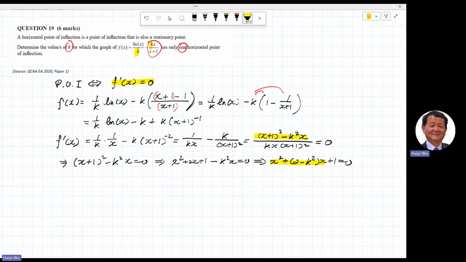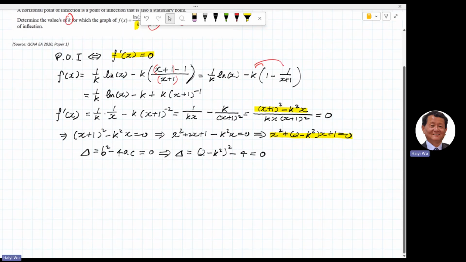We know for a quadratic equation, if you want only one solution, the discriminant, which we call delta, b squared minus 4ac, must be equal to 0, so that there's only one solution. So delta equals b squared, which is (2 minus k squared) squared, minus 4ac, which is minus 4, equals 0.